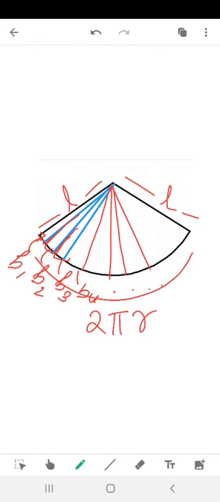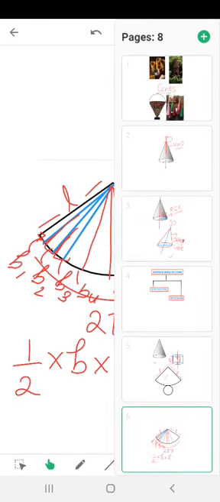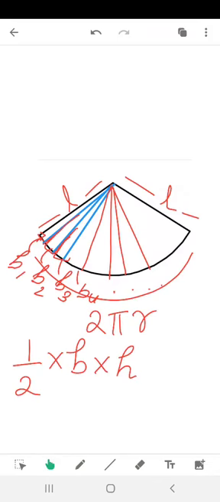Okay, now I know that the area of a triangle is half into base into height. Okay, so for the very first triangle, the base is b1 and the height is this L. Okay, so look over here. So the area of the first triangle is half into length into b1. Okay, length, why? Because it is the height. Okay, now come to the second triangle.